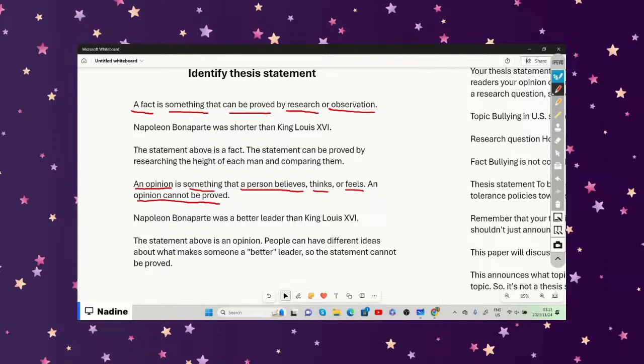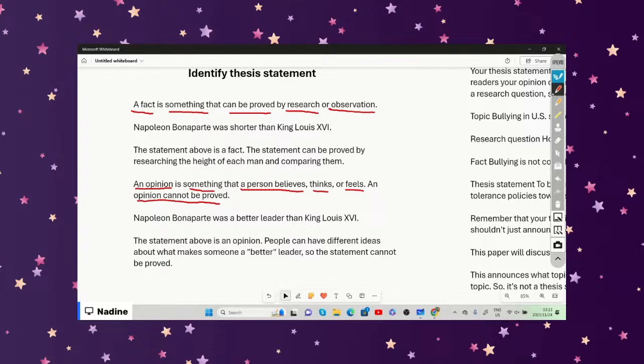And this statement over here is an opinion. And why do we say it's an opinion? Because people can have different ideas and views and beliefs about what makes someone a better person or better leader, right? Which means that the statement cannot be proven.